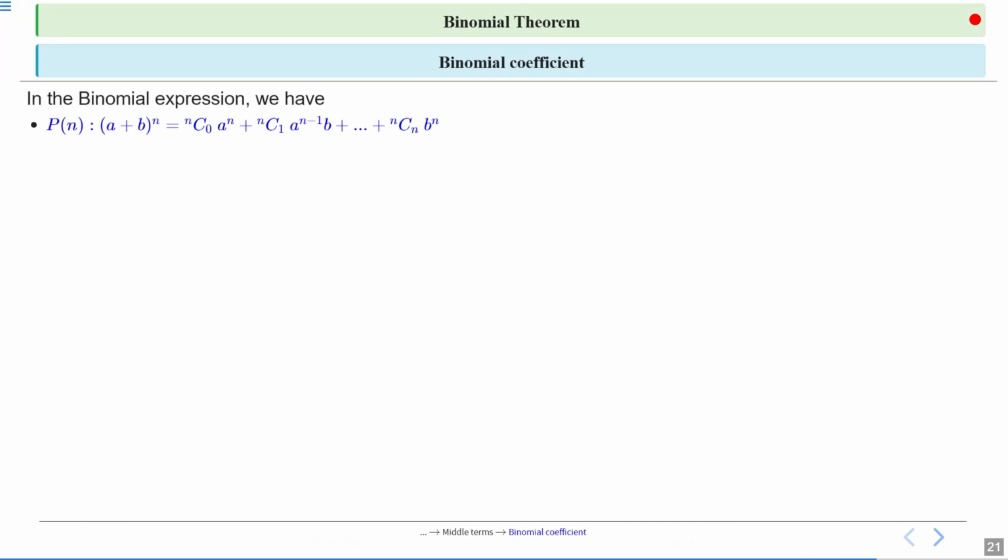Now we will discuss binomial coefficients. In the binomial expression we have (a + b) to the power n equal to nC0 a to the power n plus nC1 a to the power n minus 1 times b plus ... plus nCn b to the power n.